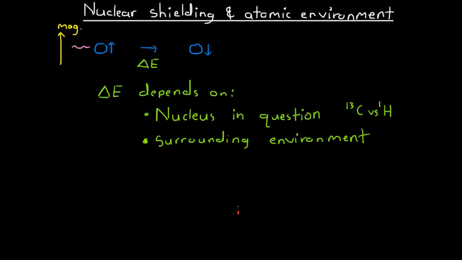So let's do a few examples of how we want to count the number of atomic environments. If we have more than one atomic environment, we're going to get more than one frequency of radio wave absorbed. So first, we're going to look at two very similar chemicals here. This is what we refer to as 2-propanol or propan-2-ol.